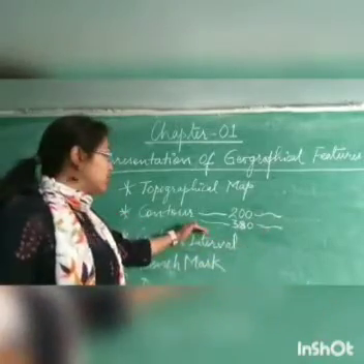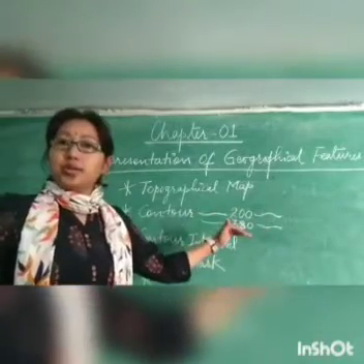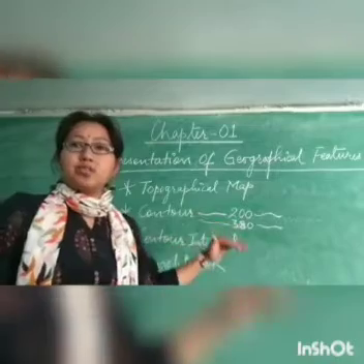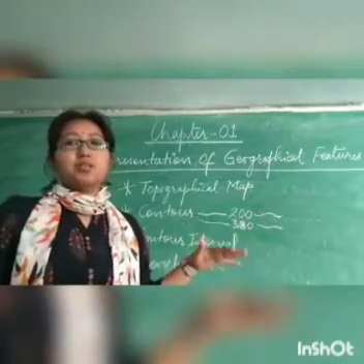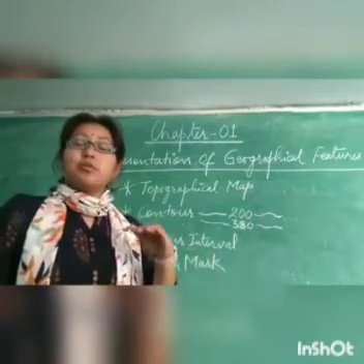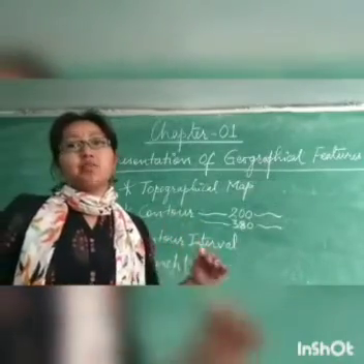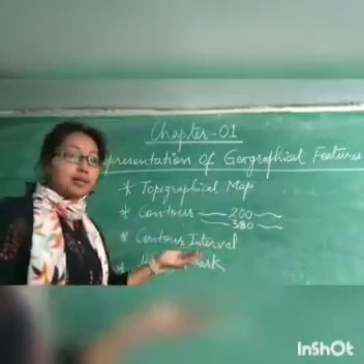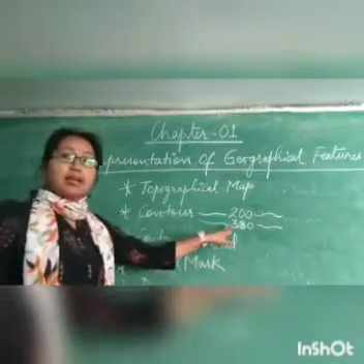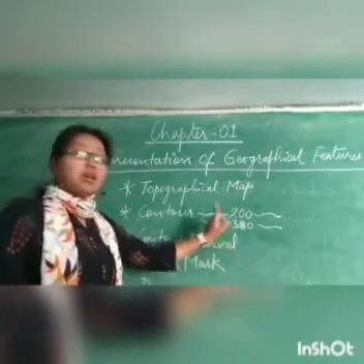Clear? So contour is the imaginary line which joins the points or the places of the same elevation or height above the sea level, and it is represented by brown color.